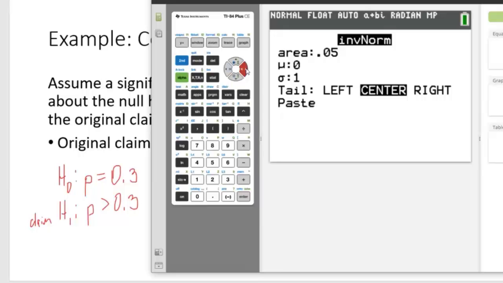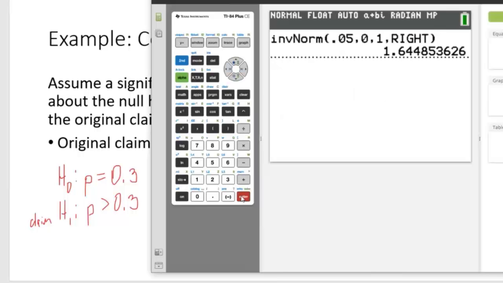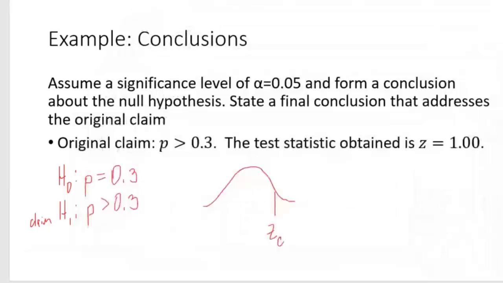But they'll give you the exact same value. So 95% to the left is the same as 5% to the right. I got to go down and hit enter. And I get 1.64.